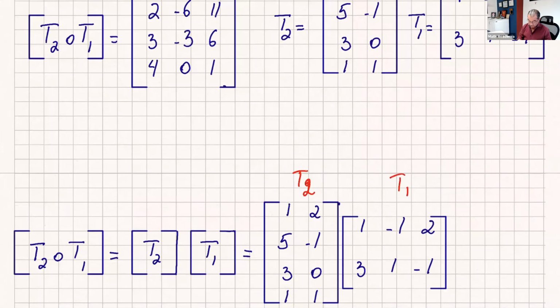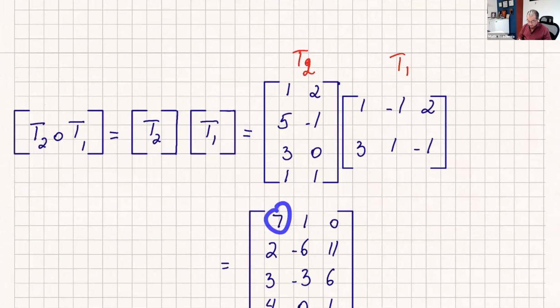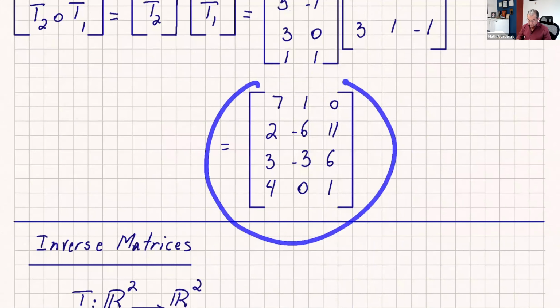If we multiply them, 1 times 1 is 1, plus 2 times 3 is 6, so the answer is 7, and so on. 1 times negative 1 is negative 1, 2 times 1 is 2, so 2 minus 1 is 1. 1 times 2 is 2, and 2 times negative 1 is negative 2, so you get 0 here, and you can write the matrix right here.